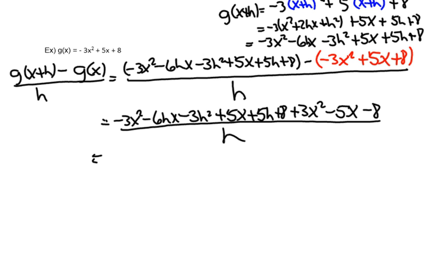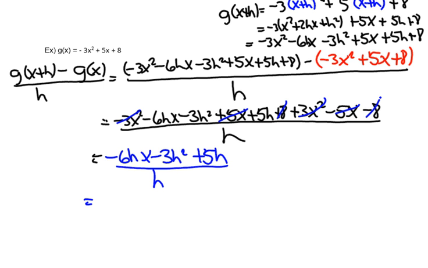All right, so simplify, subtract out, and these subtract out, and those subtract out. Again, every single one of these terms has a factor of h I can divide out. Okay. So there is my difference quotient.